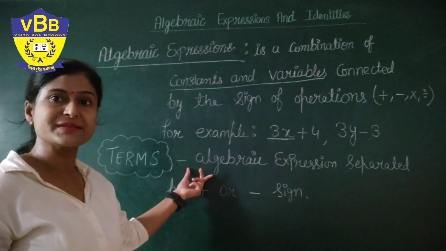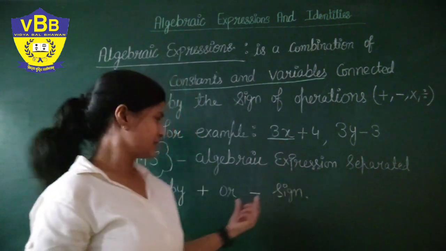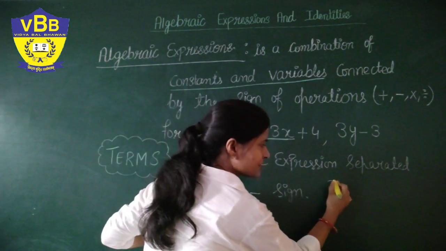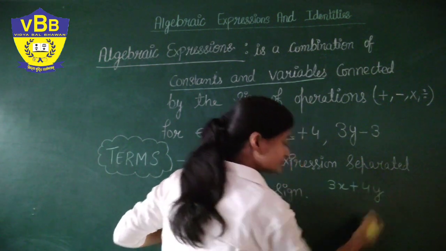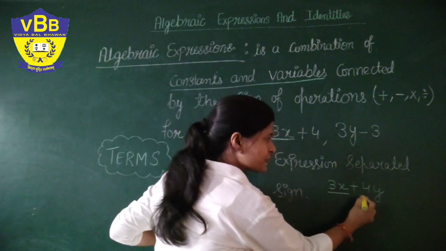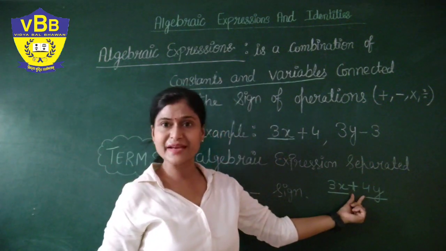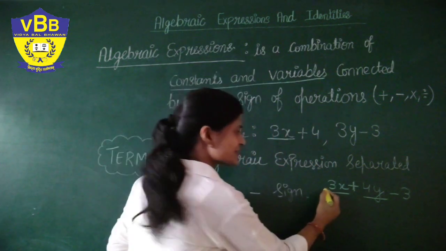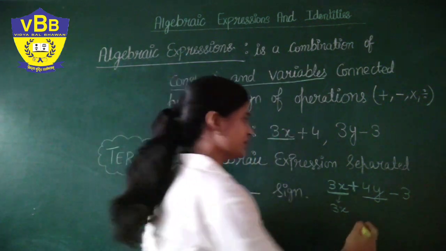Now the next topic is, what are terms? Terms are parts of an algebraic expression separated by plus sign and minus sign. Let us take an example: 3x plus 4y minus 3. Till we get a plus or minus sign, this is our first term, 3x.